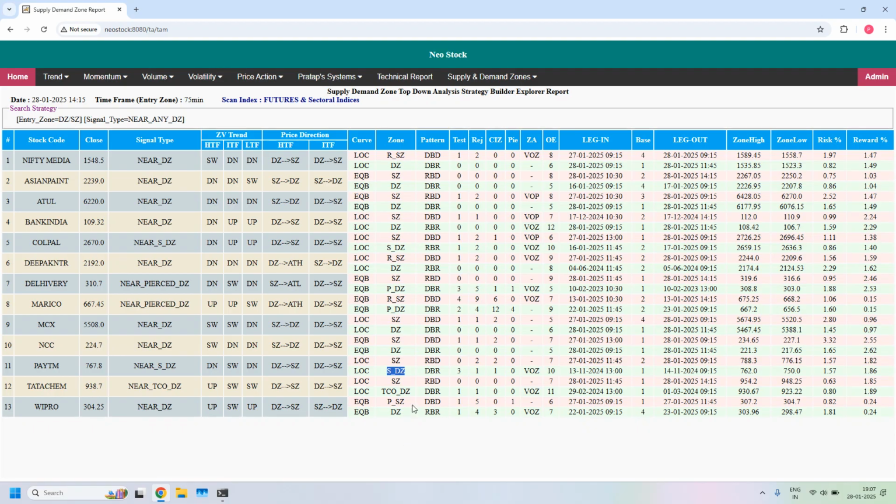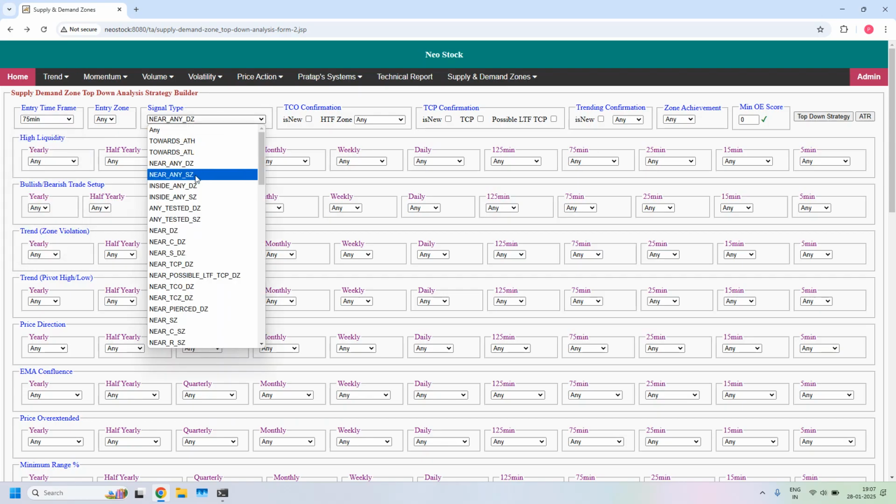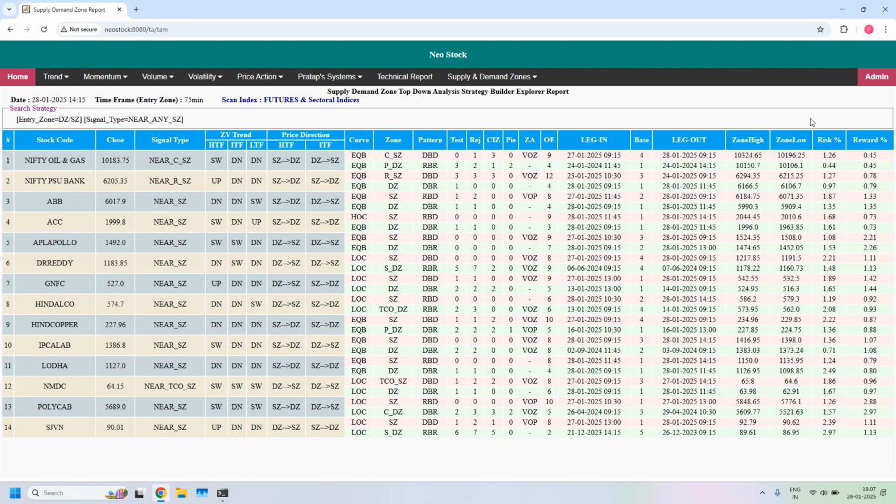Okay, next, 75 minutes time frame. Let us find the stocks near the 75 minutes supply zone. 14 stocks are filtered. Let us identify the high liquidity zones. NIFTY oil and gas is not listed in F&O.